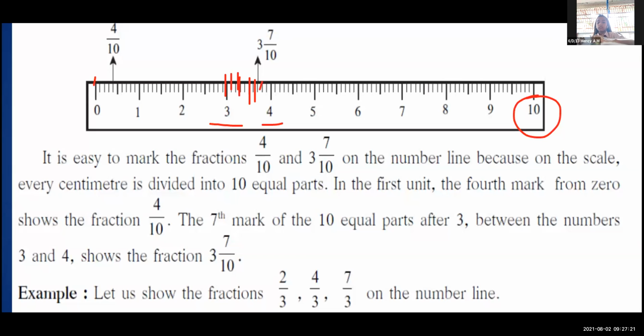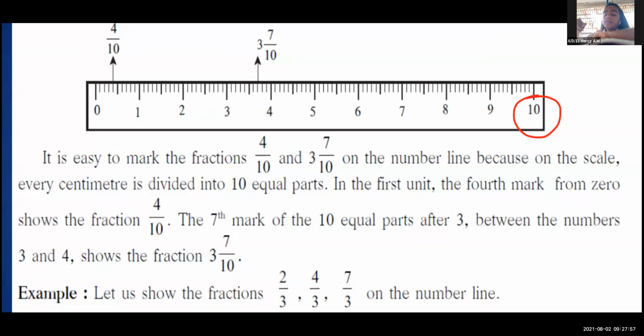3 7 upon 10. So it is easy to mark the fraction 4 upon 10 and 3 7 upon 10 on the number line, because on the scale every centimeter is divided into 10 equal parts. Now in every centimeter, how many parts are there? There are 10 small parts. In the first unit, the fourth mark from 0 shows the fraction 4 upon 10.